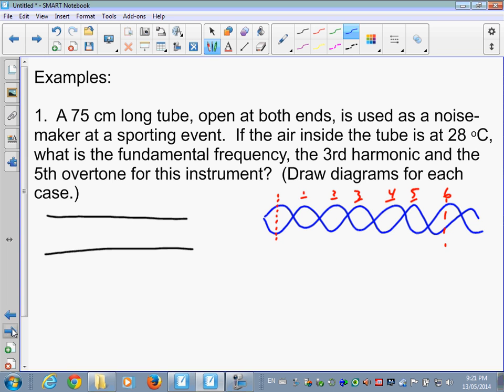So we're going to get 1 crest, 2, 3, 4, 5, 6.